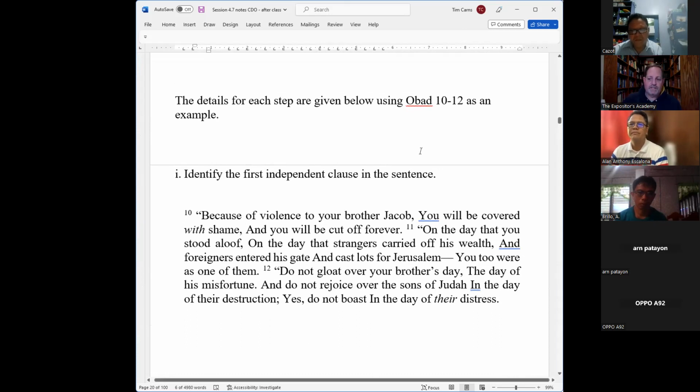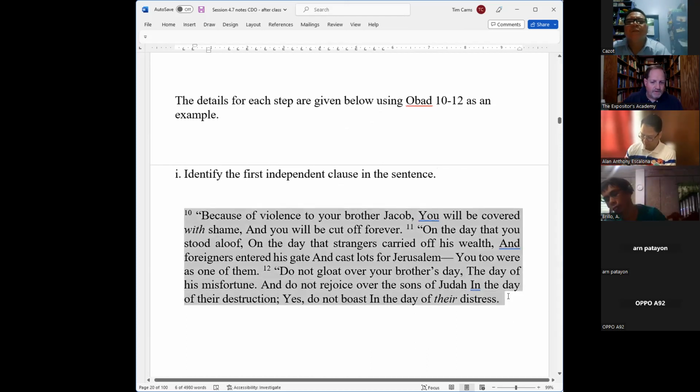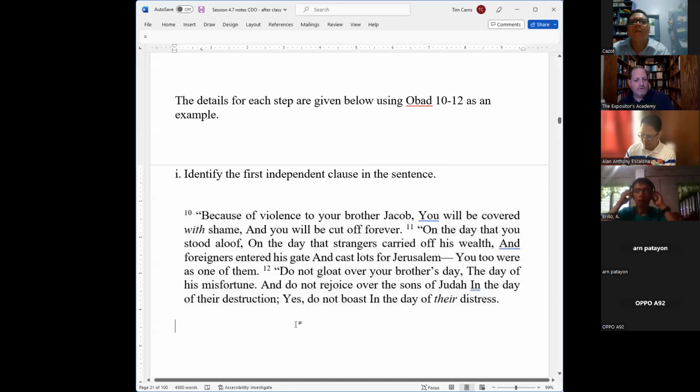I want to give you guys a chance to do the diagramming process yourself. So we'll read these 3 verses, and then I'll give you a few minutes to do it yourself, and then we'll come together and do it together, okay? But let me ask, Kazot, could you read verses 10 to 12 here? This is just Obadiah, verses 10 to 12.